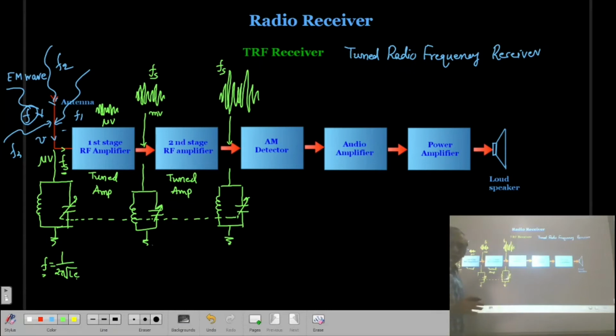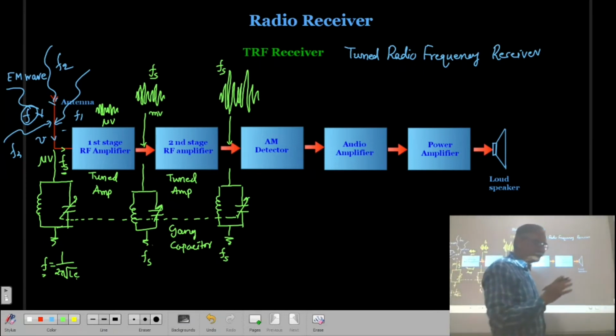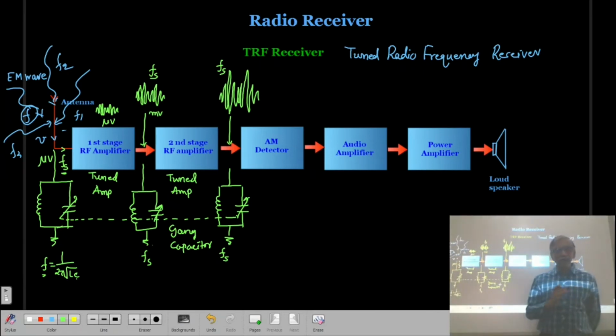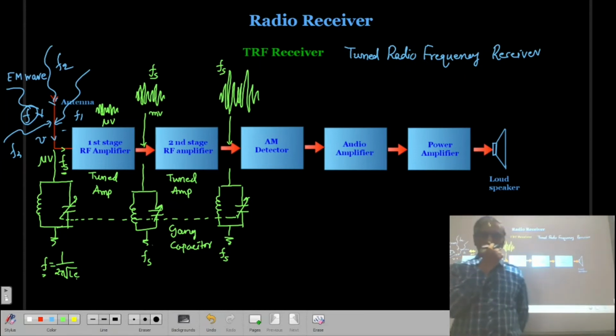So simultaneously all these capacitors are changing. Whenever you are tuning an input frequency fs, at the same time all the capacitors will also be tuned for the frequency fs. Remember, this is known as a gang capacitor, where simultaneously 2 or 3 capacitors are changed.